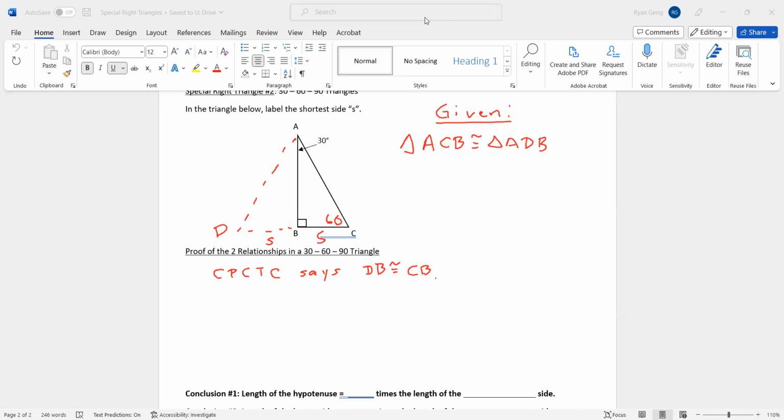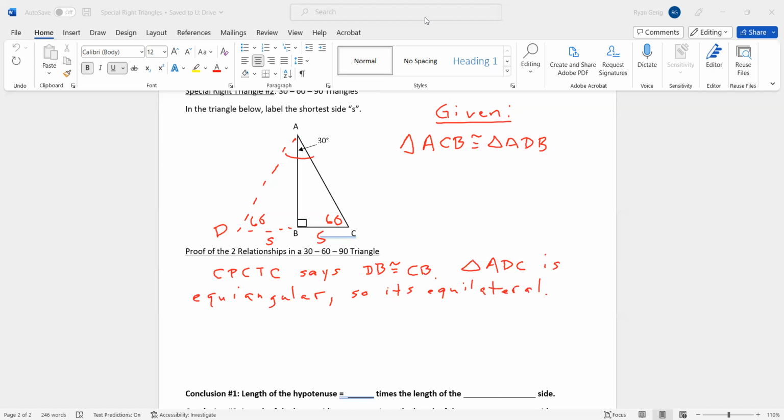Now, I can go a little bit further and I can say triangle ADC, the full triangle, is equiangular. Because if this is 60, right, it equals angle C, then the remaining angle, that whole angle up here, is also 60. But if it's equiangular, it's also equilateral. So all the sides are the same.